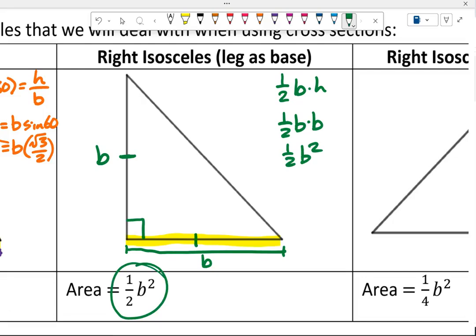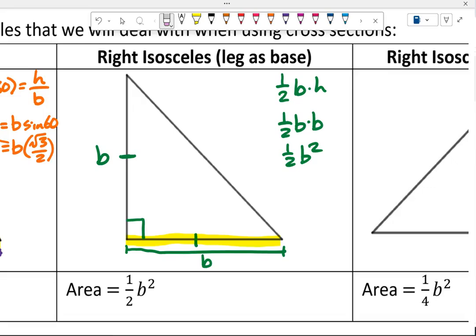It's a lot simpler. Now, yesterday when we did squares, what was the area equation for a square? But in a square, what is the height? Also the base. So base times height for a square would be base times base, or so I have half b squared.